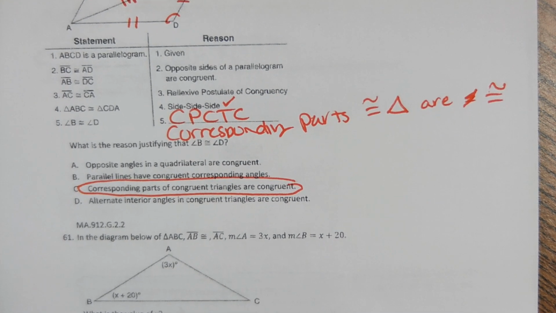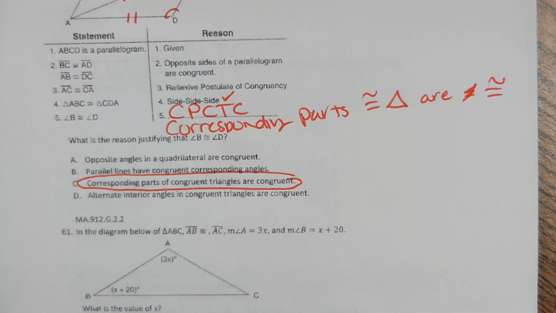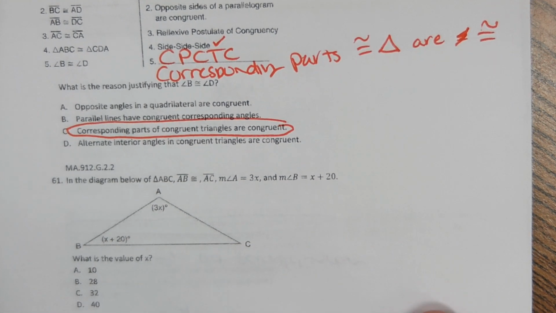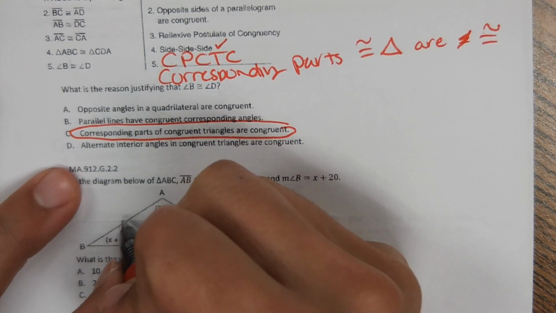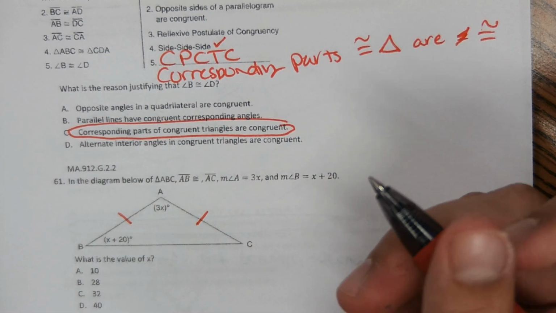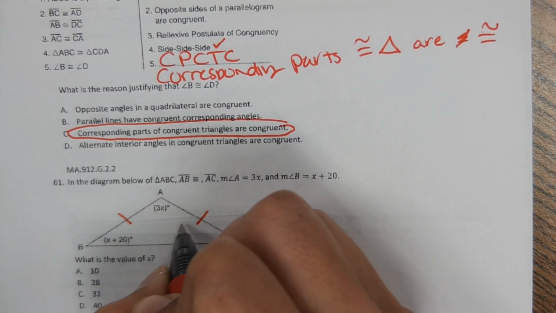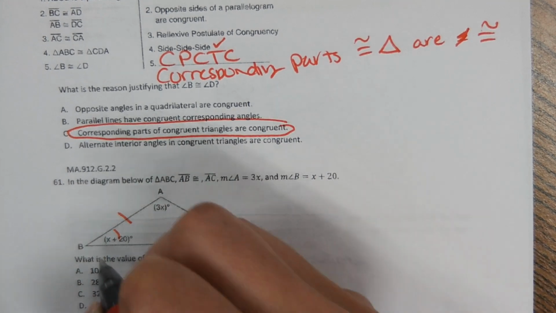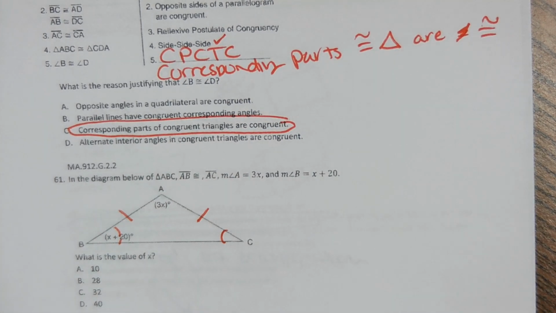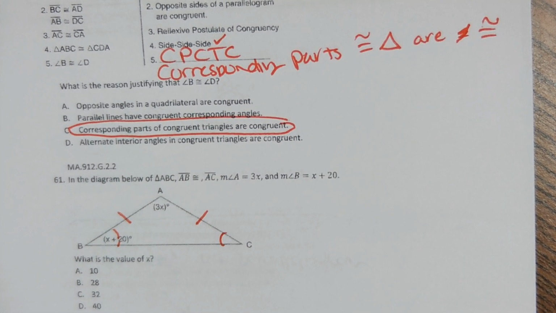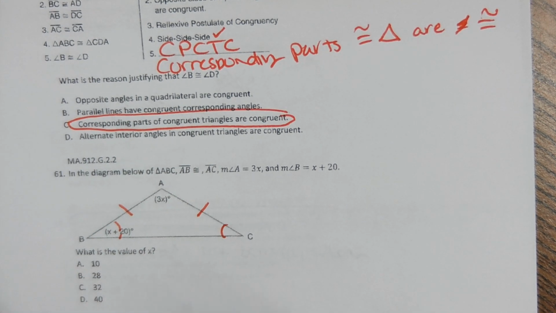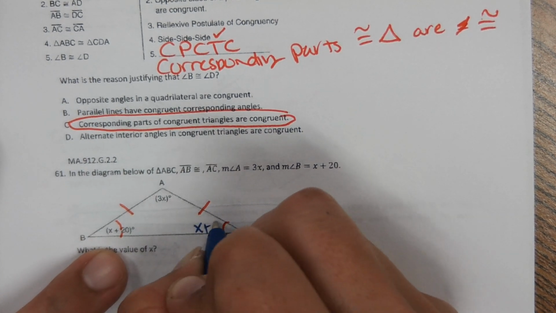Okay, 61. We have a triangle here. In the diagram below, triangle ABC. AB is congruent to AC. It's an isosceles triangle. In an isosceles triangle, not only are these sides the same, but the angles opposite are also the same. So this angle is the same as this. It wants to know the value of x. Since these angles are the same, this x plus 20 also applies to this angle.